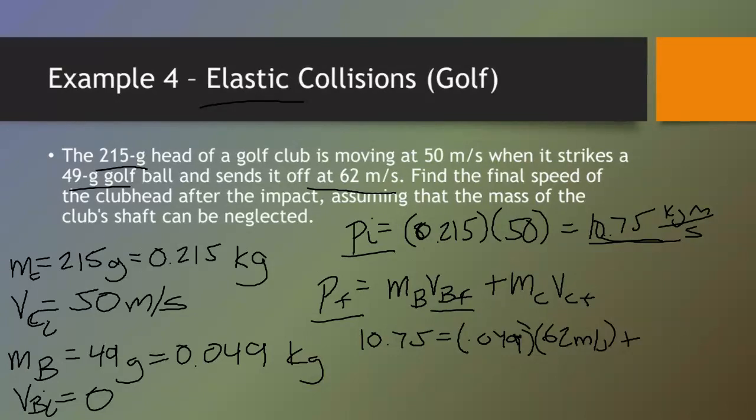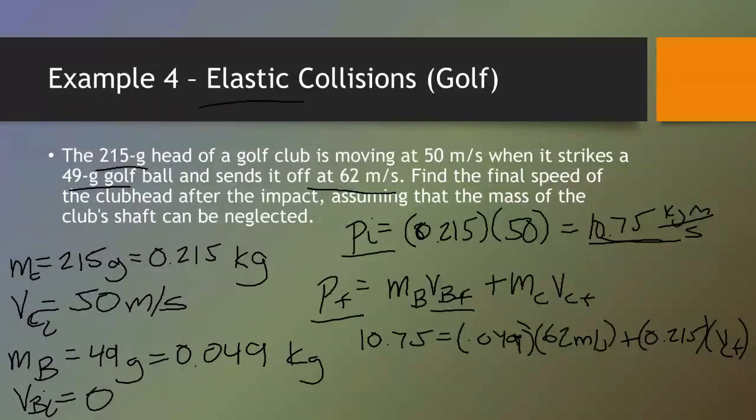The mass of the club, 0.215, and we're looking for that last velocity. 0.049 times 62 will give you 3.038.